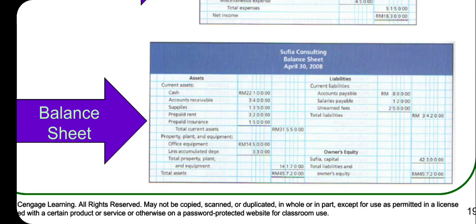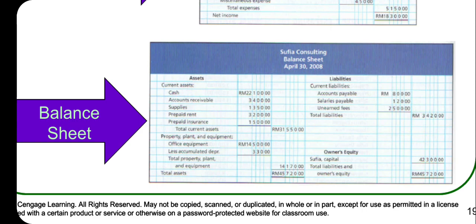After that you have to show the list of non-current assets. Here the example is office equipment. And then for every non-current asset, you have to subtract the accumulated depreciation. Remember, you have seen how to do adjusting entries for depreciation in the previous lecture. So you know how to calculate the depreciation expense and how to record the adjusting entry.